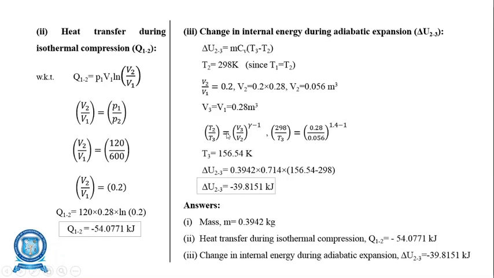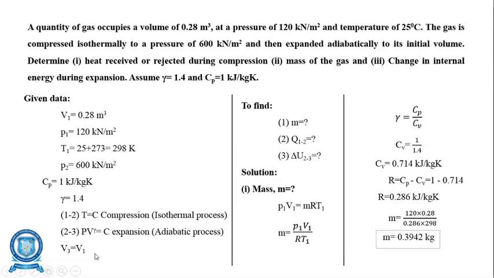In the equation page it has been given as T1 by T2 is equal to, but since the adiabatic expansion happens in process 2 to 3, we have to modify it: T2 by T3 is equal to (V3 by V2) to the power gamma minus 1. Here the T2 value we know, 298. T3 we are going to find. V3 is equal to V1, which is given in the problem.